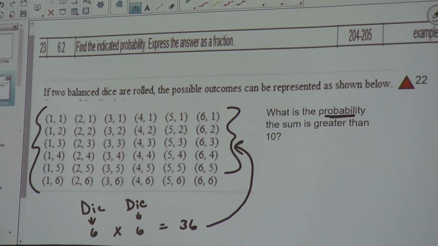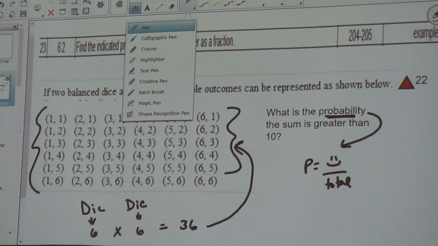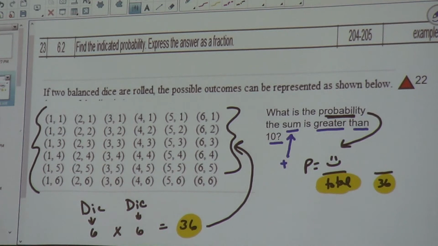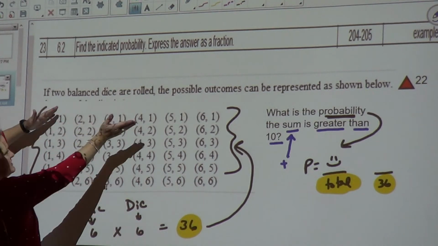Now, it says, what is the probability? Probability means what makes me happy over total. So my total is 36. Now, what makes me happy? Sum is greater than 10. So sum means we're going to add, and I want my answer when I'm adding to be greater than 10. We've done so many of these, we know it's on a diagonal.